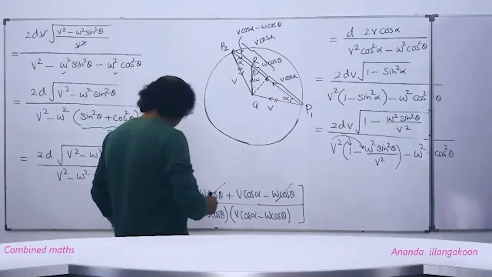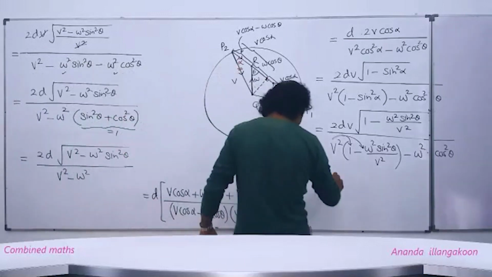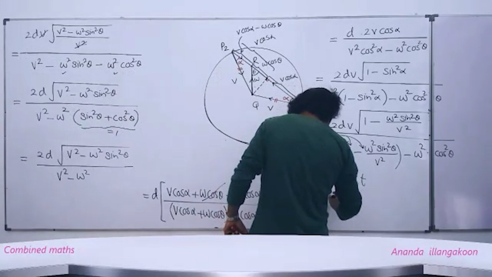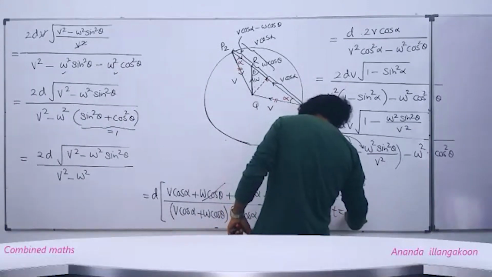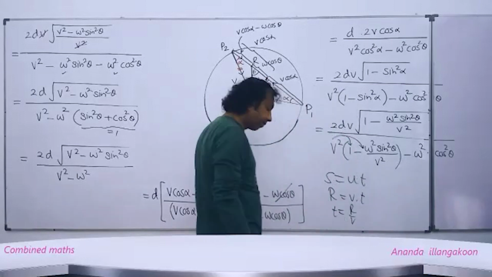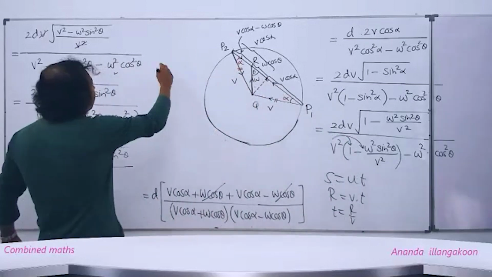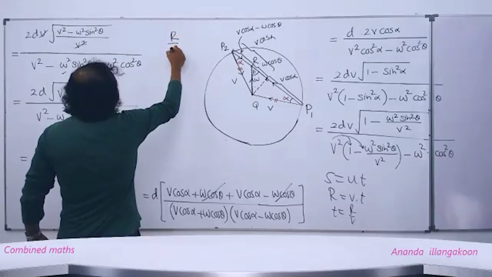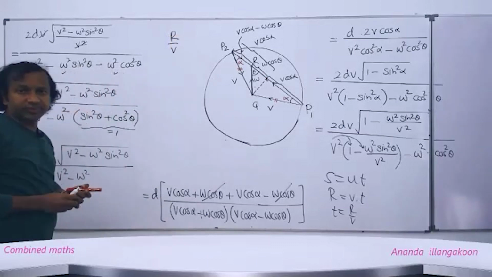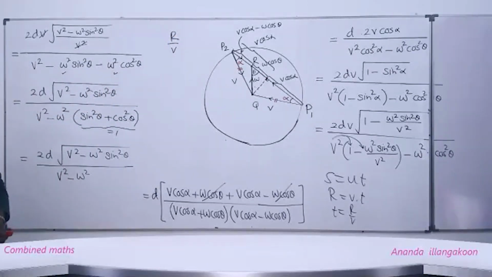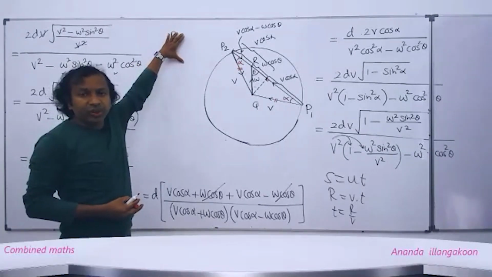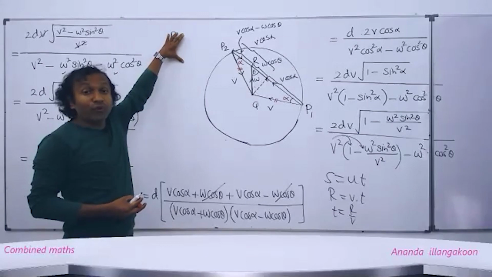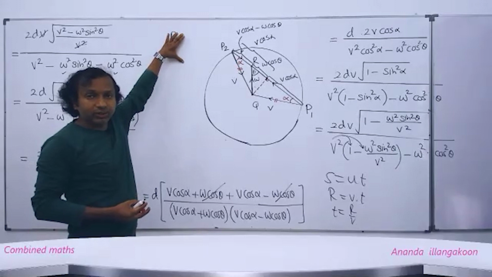By s equals ut. S is R, u is v, times t equals R upon v. Right. People, this is the time during which we can fly non-stop with all the fuel available in the aeroplane.